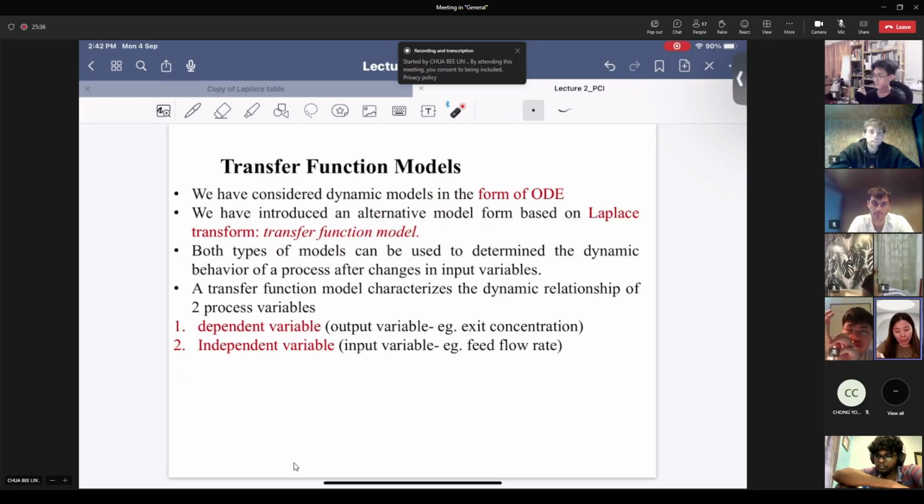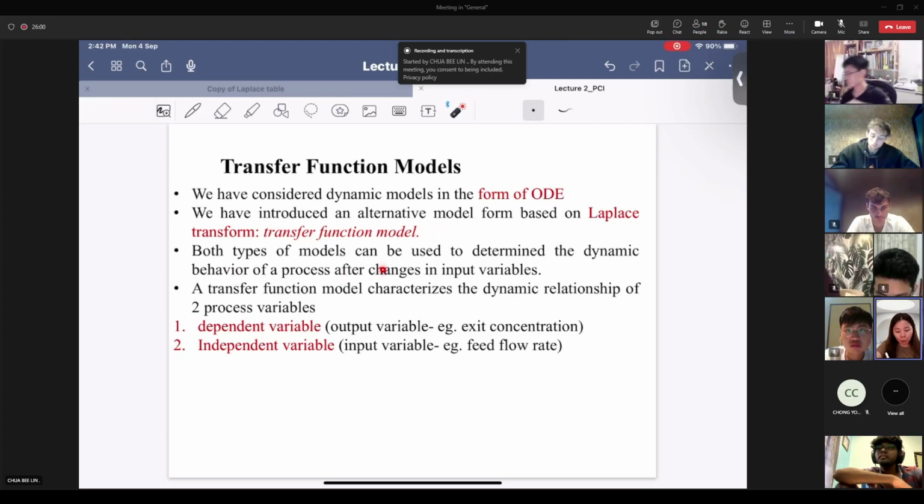Whether you solve using the integration method or the transfer function model, you can get the dynamic model. They can also be used to determine the dynamic behavior of a process after changes. It means you apply a change to the system, you get a dynamic model, and solve using the integration method or the transfer function method.